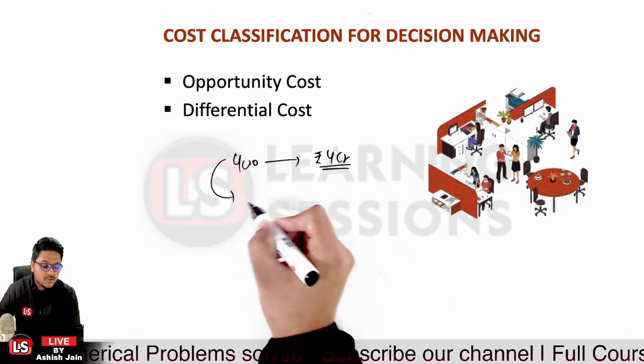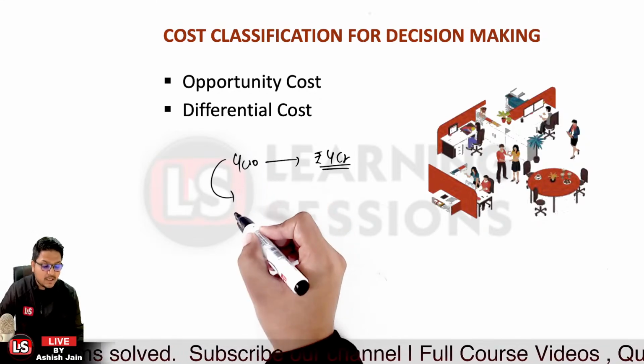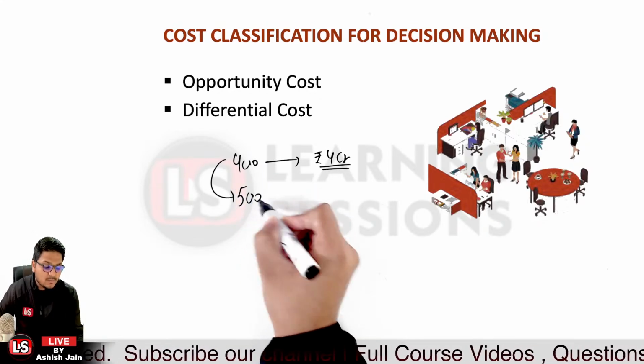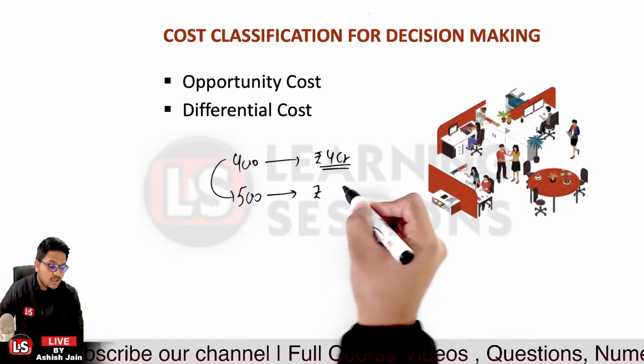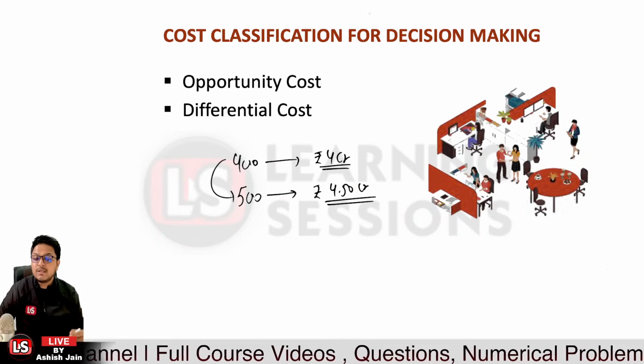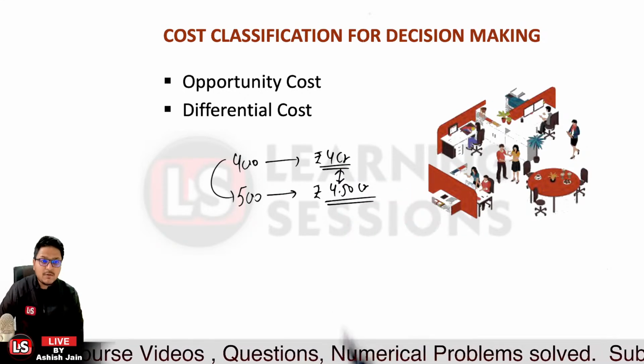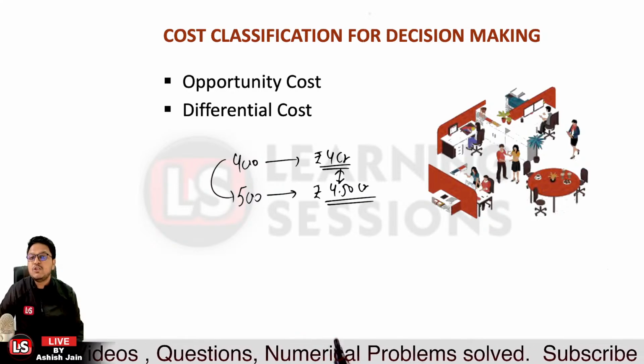But now we have changed our manufacturing center and we have increased our productivity. Let's say now we are producing 500 units and it is costing us rupees 4.50 crore. Now the difference between these two, that would be the differential cost.